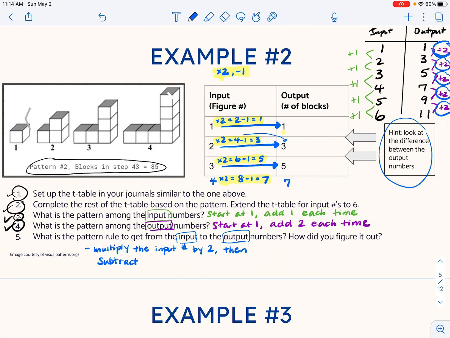This is how you communicate what the pattern rule is. How did we figure it out? We looked at the difference. We looked at the pattern among the output numbers to help us.